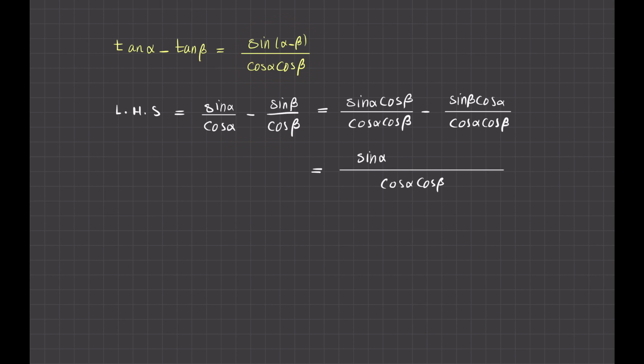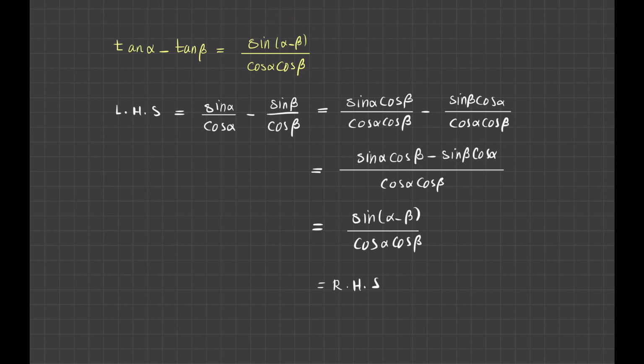So sine alpha cosine beta minus the other way around. It reminds you of the subtraction formula for sine, which is exactly sine of alpha minus beta all over cosine alpha cosine beta. So what I did is the expansion of this subtraction formula for sine, so we are done. That's exactly equal to the right hand side.